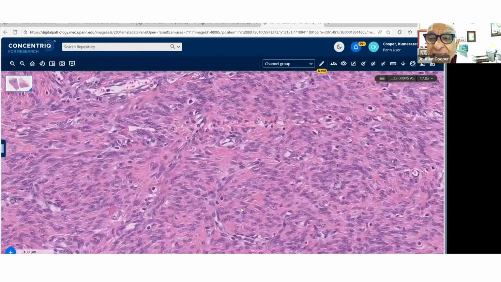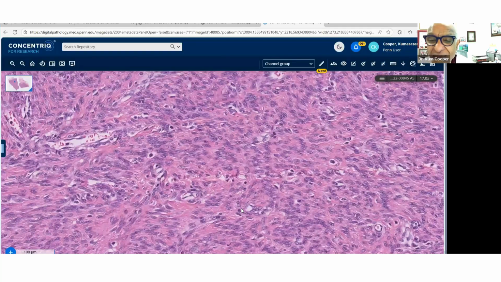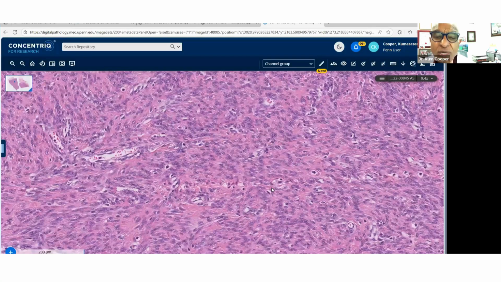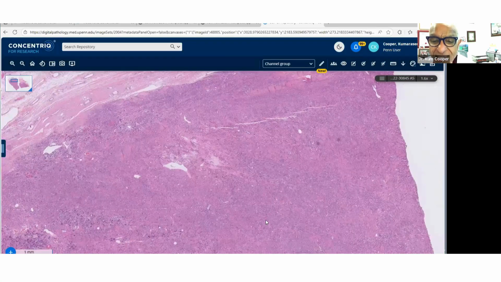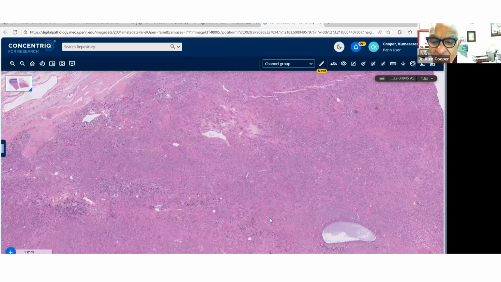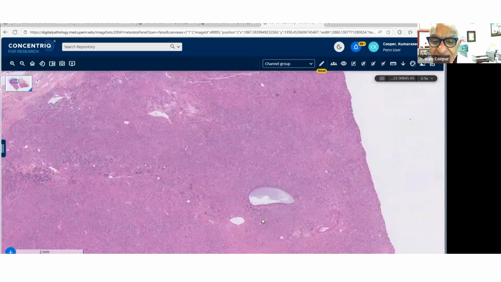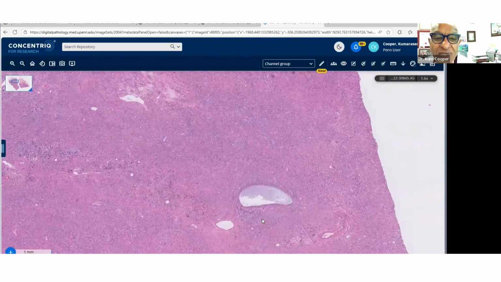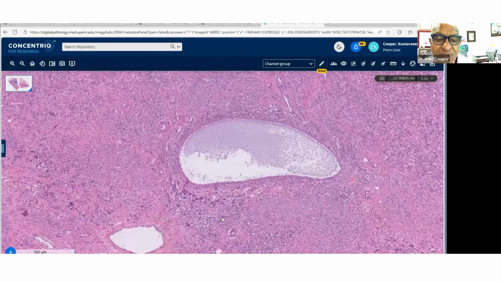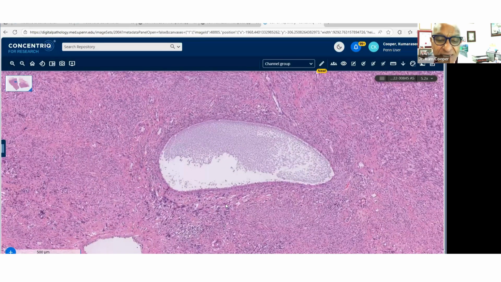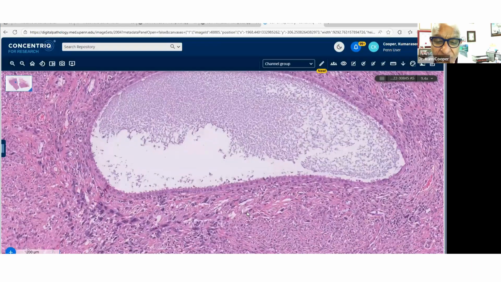I can add that there are no mitotic figures. And then I want to show you two other features. One is, on low power, you may have noticed these cystic structures here. I want to take you down to examine this. You can see that it's lined by epithelium.